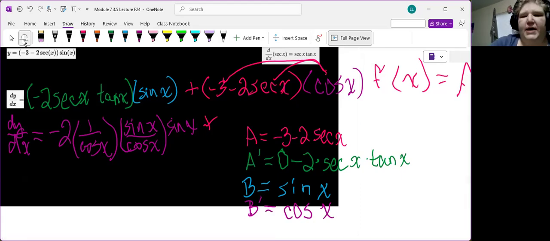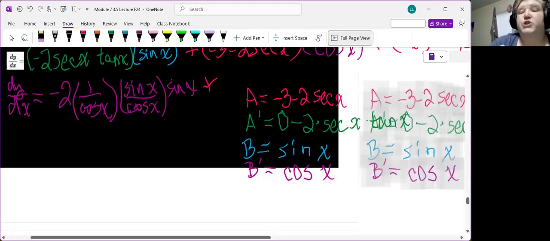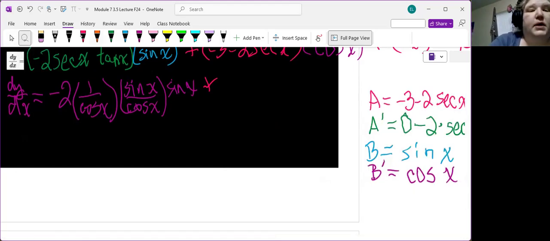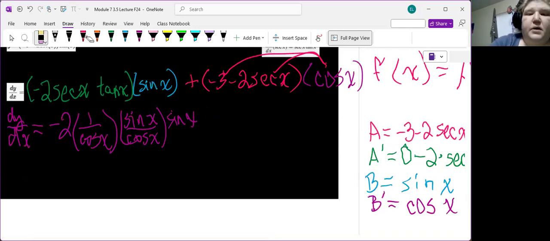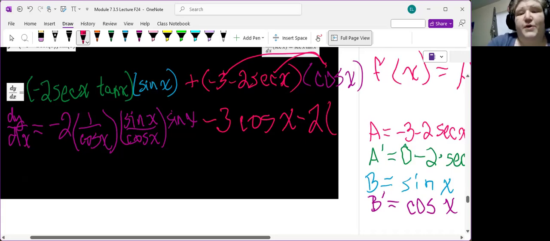So let me once again move our scratch work. So this would be negative 3 cosine x, and then negative 2 secant cosine. Now remember, the secant is 1 over cosine, though.